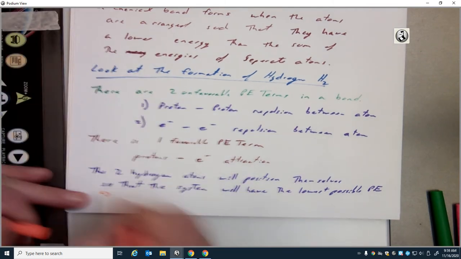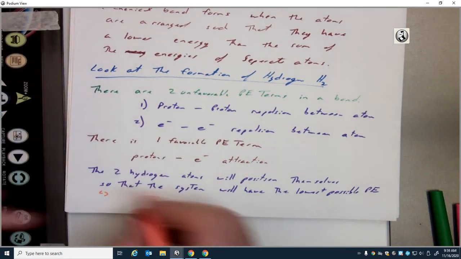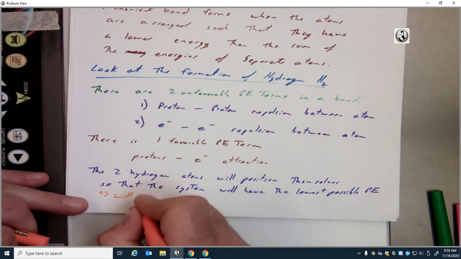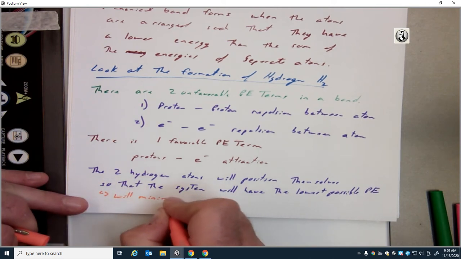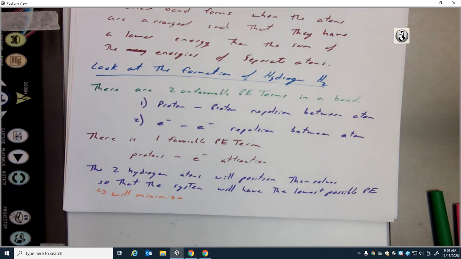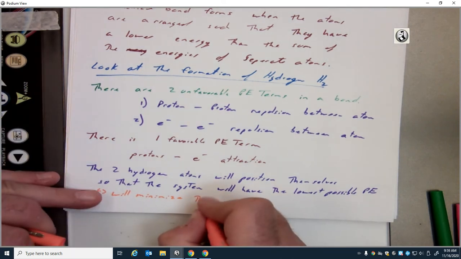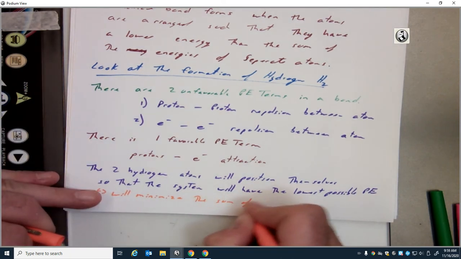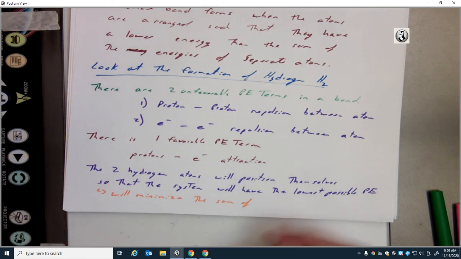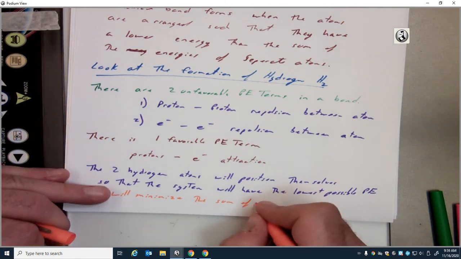Our system will minimize the sum of the positive and negative repulsive energies.